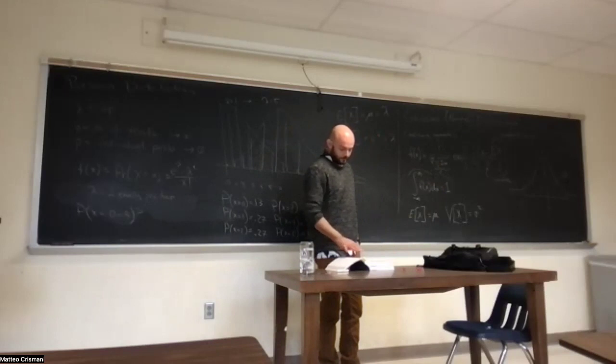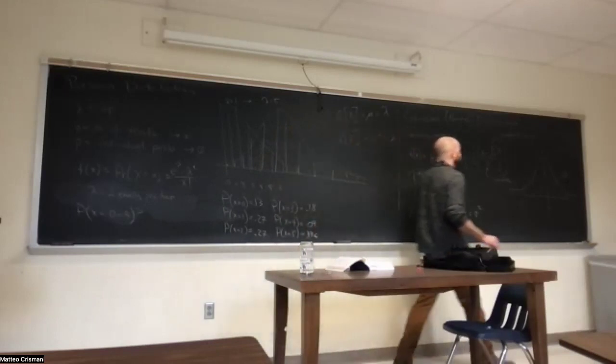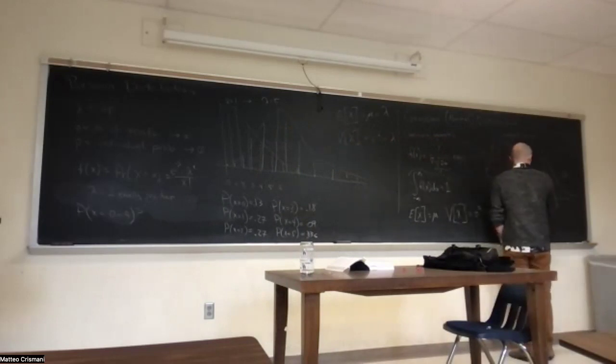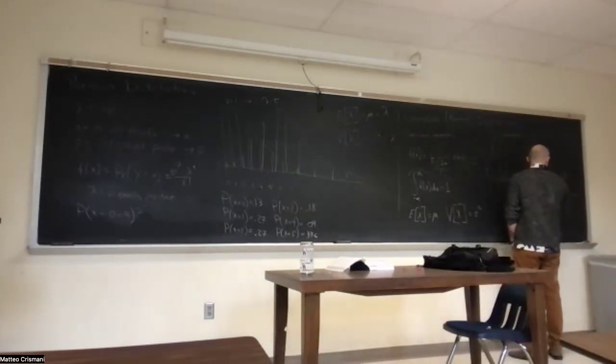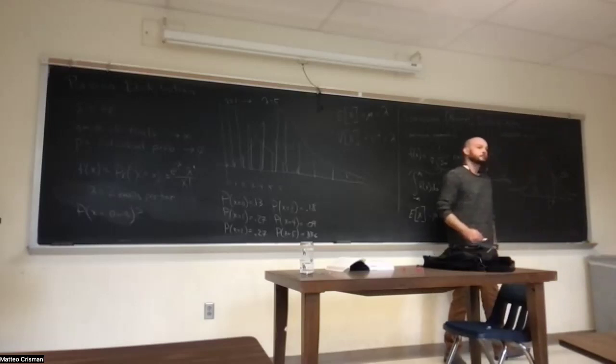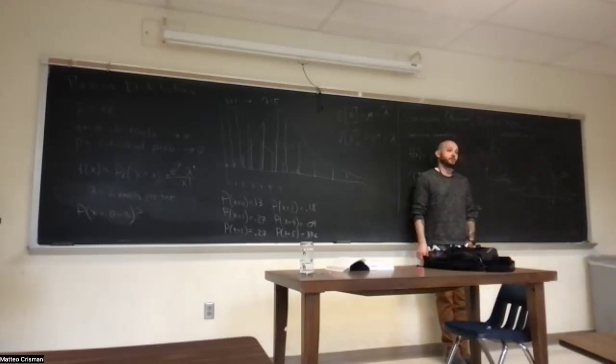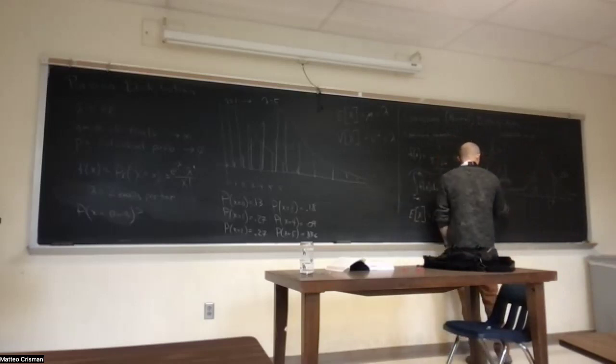Okay. Because this is symmetric and the width is sigma, some fraction of the probability will be enclosed at different parts here. So you've heard things like a 1 sigma result.